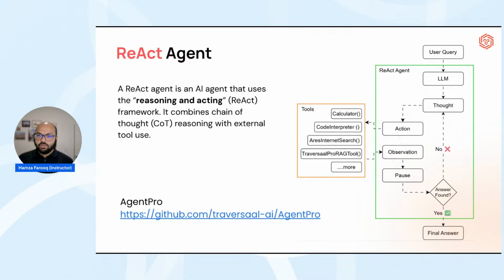workflow that follows a different trajectory, which basically means that when you get a user question, the LLM thinks about how it will try to answer your question. It will try to answer by thinking on its own: how can I answer this?